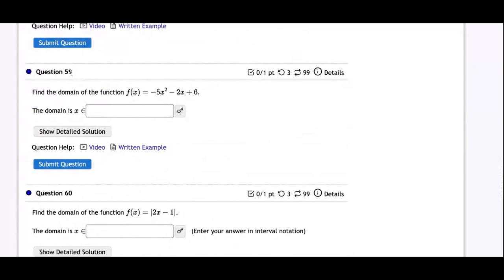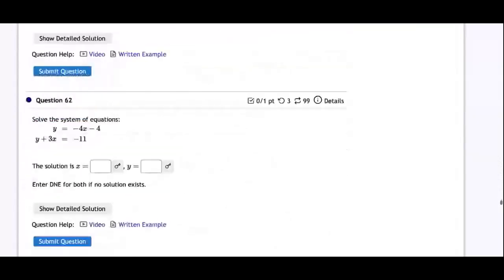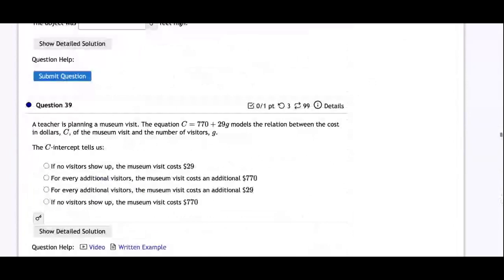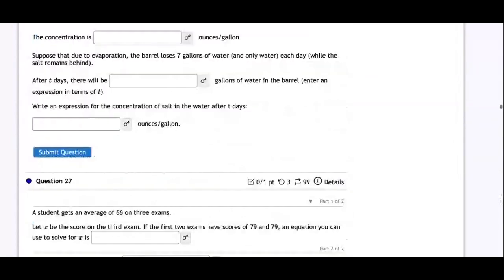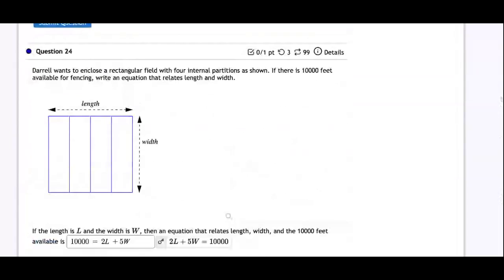Oh, this is quadratic. So 59 is quadratic. The domain is all real numbers. 24. Okay, let's go 24. We just did 24.